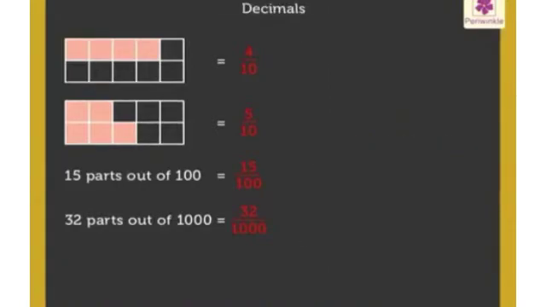4 by 10 is written as 0.4. Next, 5 by 10 is written as 0.5 as a decimal number. Next, 15 by 100.